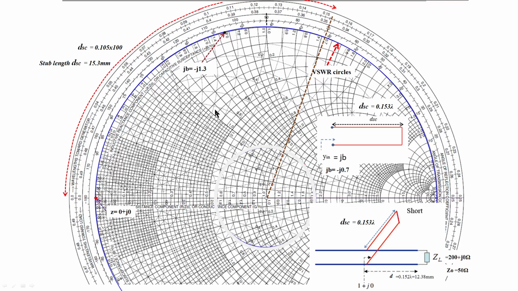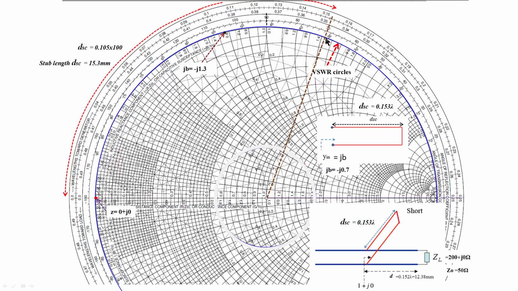We take the Smith chart from the short circuit point, because they asked for a short stub. From the short stub point, you go on moving, whenever you find the susceptance value equal to what is needed, minus 0.7. Minus means stop, go on moving like this. Where is the susceptance value minus 0.7? Read here, this is 1.2 susceptance, this is 1, 0.9, 0.8, this is a susceptance circle.